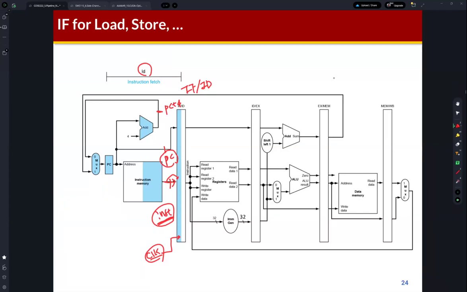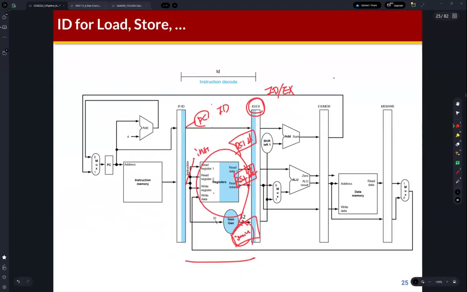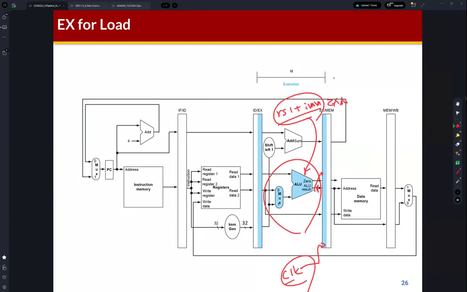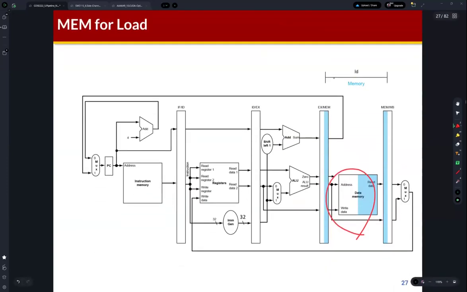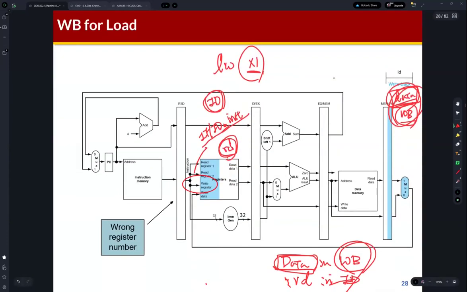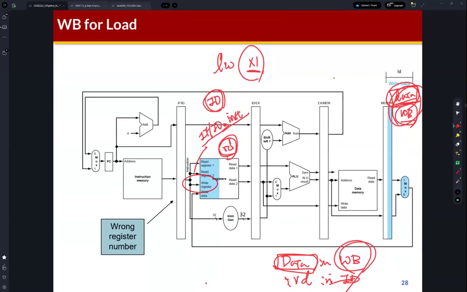I used the load instruction to explain the behavior of this pipeline architecture, right? The load instruction can be fetched and then decoded. This is the instruction decoding stage, and for the load instruction we need to compute addresses in the ALU, and then the load instruction accesses data memory, and the result is written back.